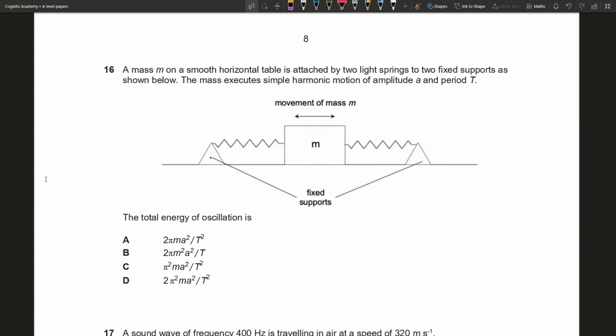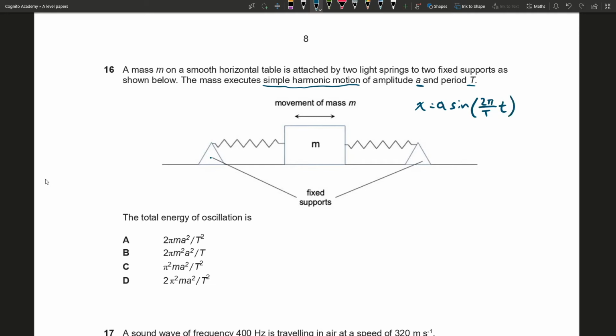Question 16, we have a mass m on a smooth horizontal table, meaning no frictional forces, attached by 2 light springs to 2 fixed supports as shown below, and then we are told that it executes SHM of amplitude A and period T. We can model its displacement x as some amplitude times, let's say sine or cosine, it really doesn't matter, times the angular velocity, which is 2 pi over T, times t.